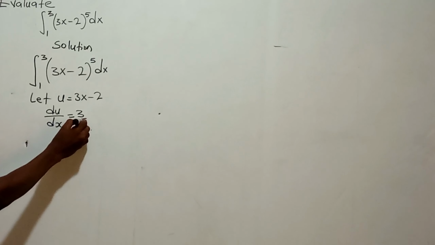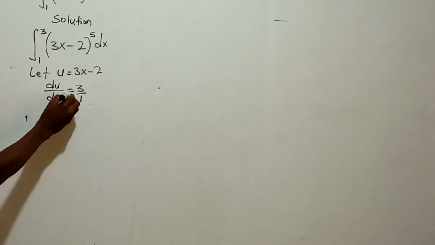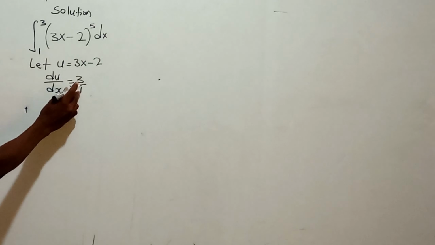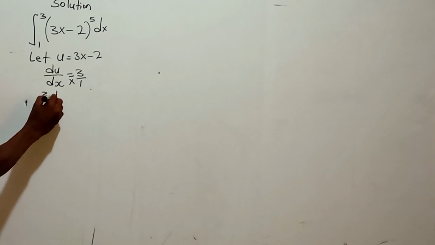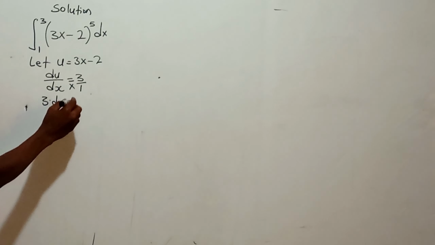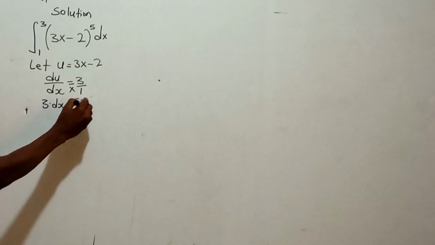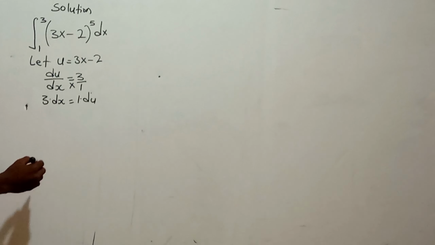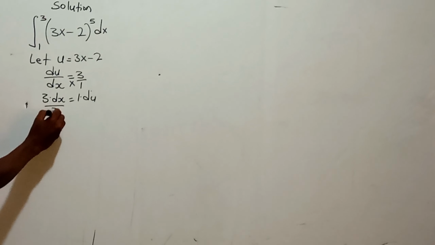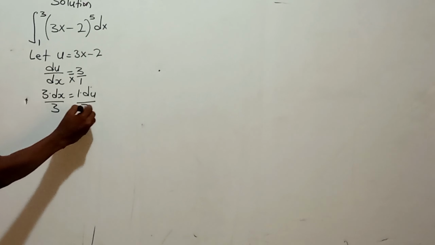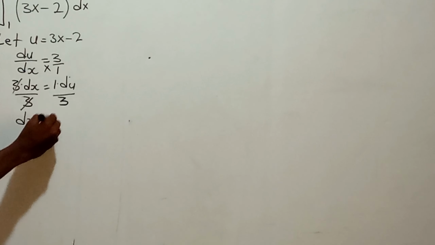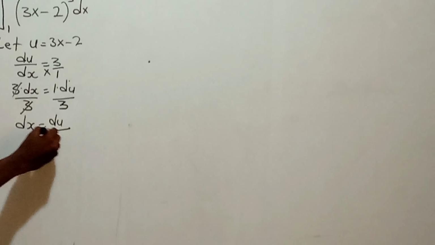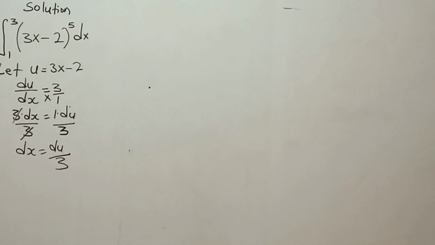So the denominator is 1. You cross multiply, so we have 3 times dx equals 1 times du. We divide both sides by 3, so this cancels this, and dx equals du over 3.